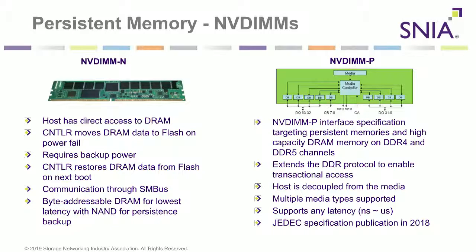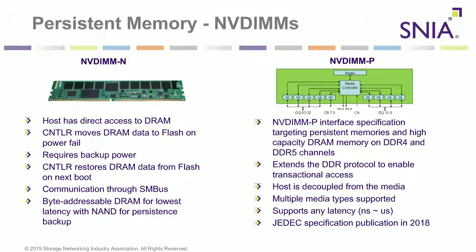But there is also a flash component in this. So what happens is every time you're in a mission mode, like you're writing to the NVDIMM-N, all the data will be stored in the DRAM portion of this product.